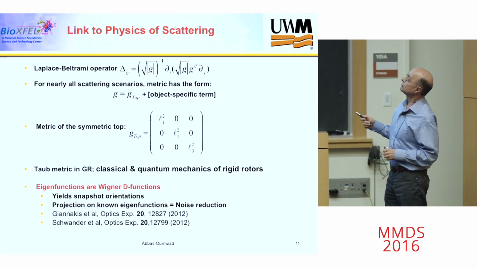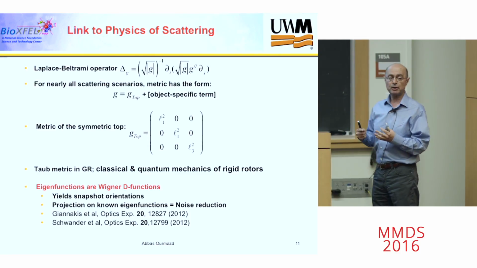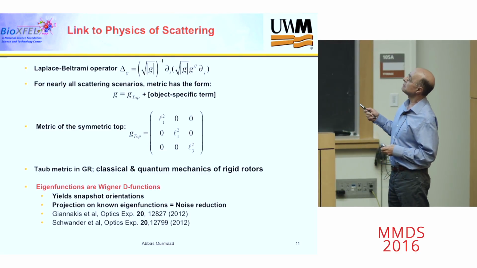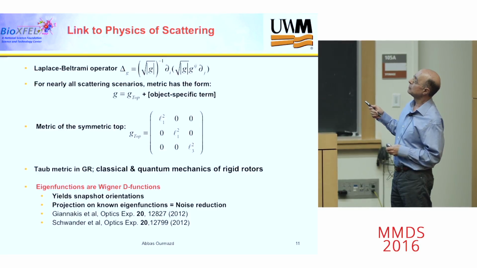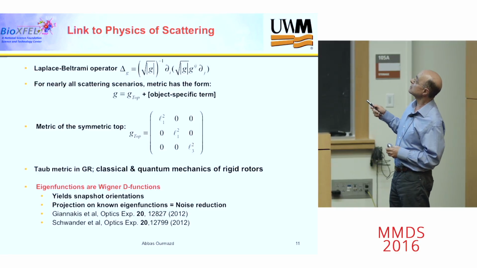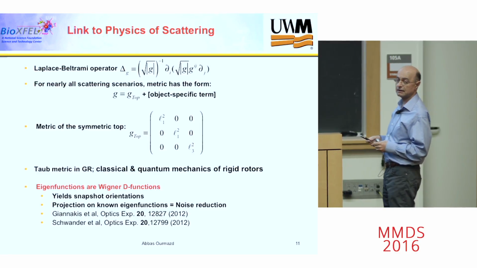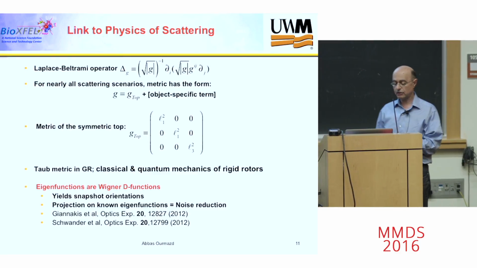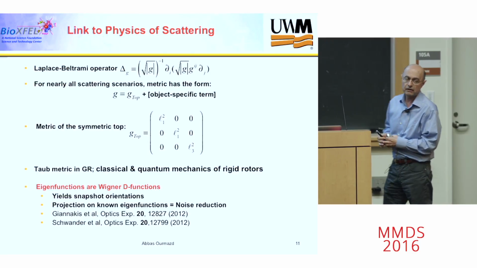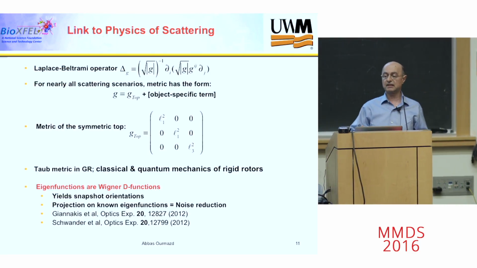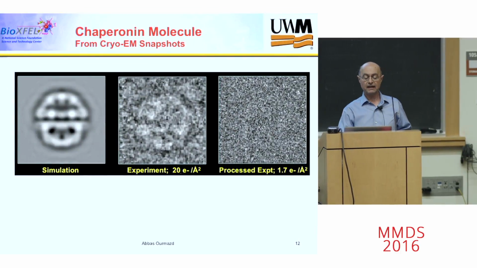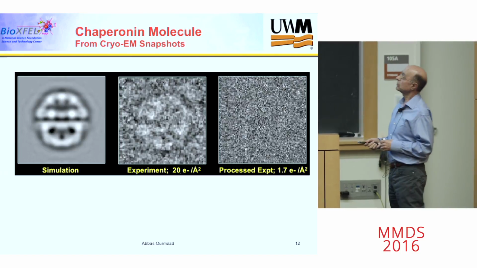It turns out that for nearly all scattering experiments, when the data stem from any kind of scattering experiment, you can write the metric of the manifold as a sum of a well-known metric, which is independent of the type of object you're looking at, plus a residual, which is an object-specific term. This immediately allows you to recover the orientation of the object, because now the eigenfunctions are known, specifically in this case the Wigner-D functions. That's not an important point, except that the fact that you know the metric means that you can extract the orientation. And I want to show you how well this works.